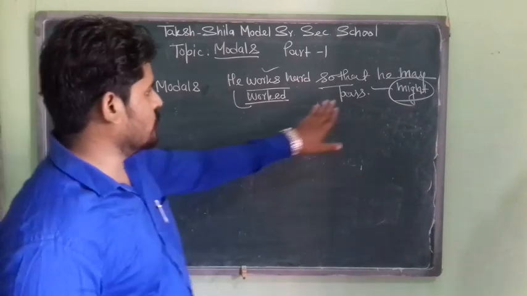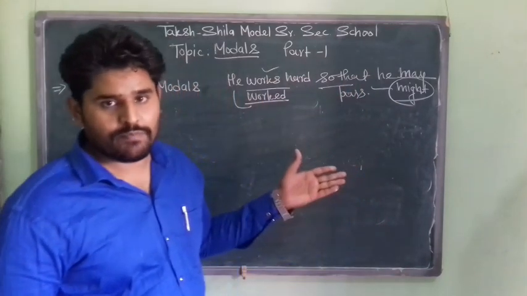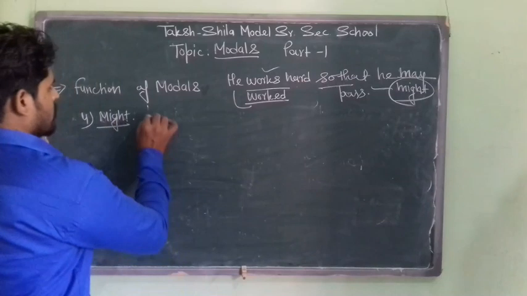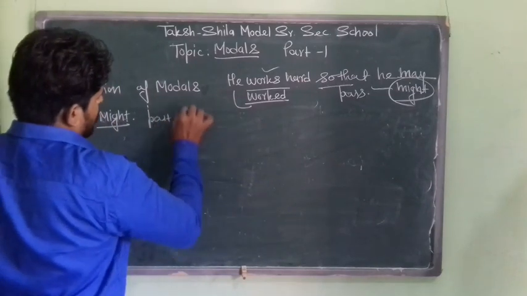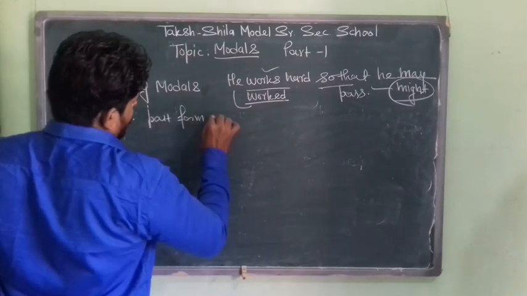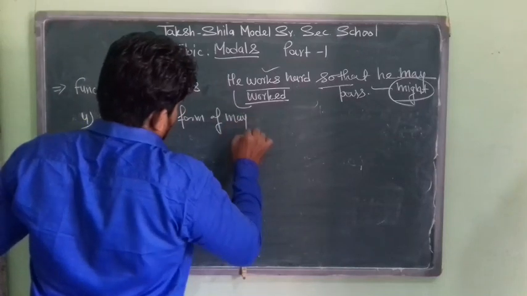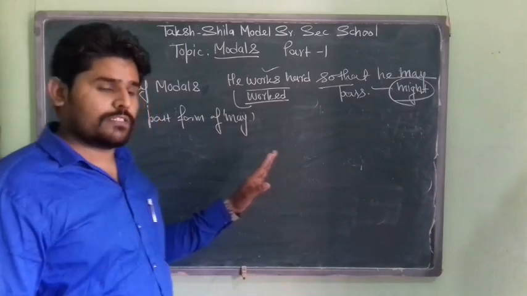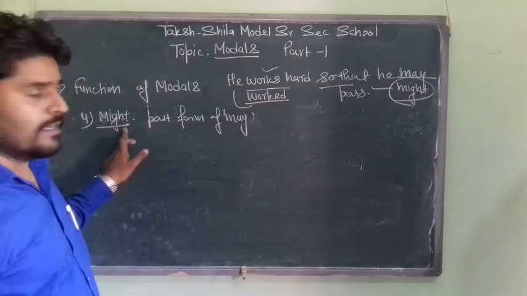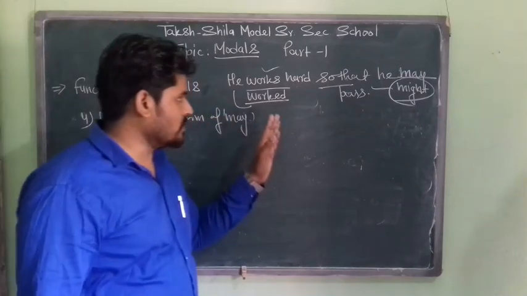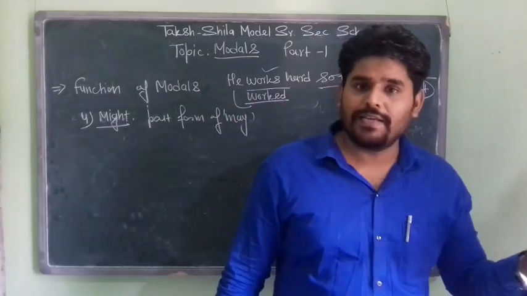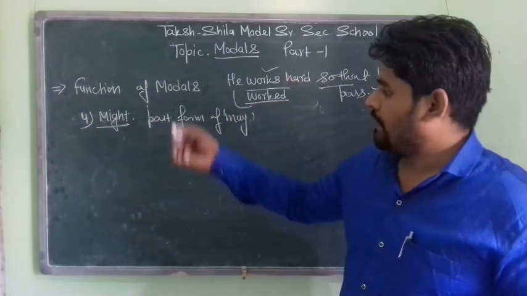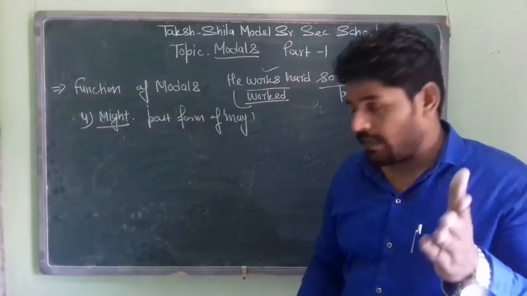Might is used to show purpose, especially in past tense, because we know that might is the past form of may. So since it is the past form of may, purpose will be expressed in past tense using might. Similarly, possibility will be expressed in past tense using might, and permission also.